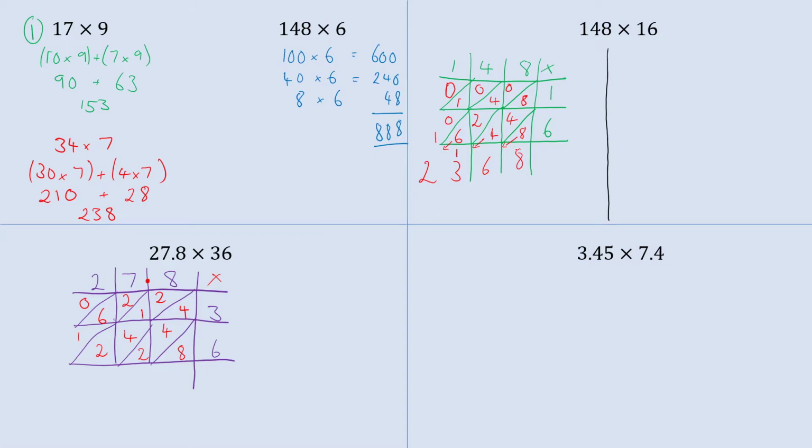And just as we did before, we add up going along each of the diagonals. So first diagonal is just 8. Second diagonal, 4 add 4 is 8, add 2 is 10.